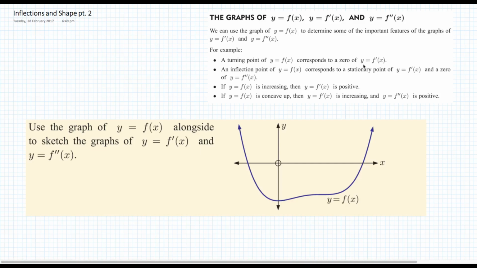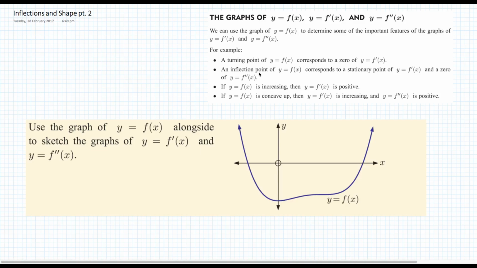The slope of our initial function has to equal 0. So that's when you might see a point where it's completely flat. It might be somewhere maybe in this area, might be in this area as well. So keep those points in mind.